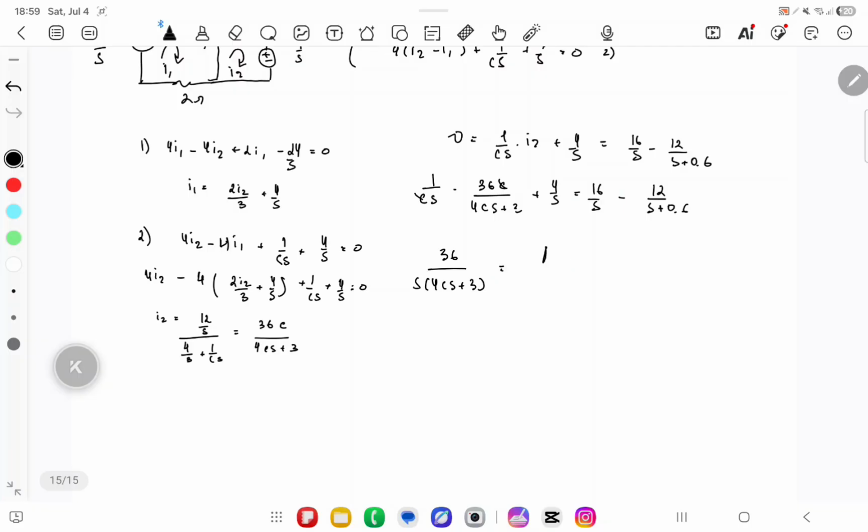So this can be simplified as A over S plus B over 4CS plus 3. Okay, and if you actually solve that, you will get that A is equal to 16 and our B is equal to minus 48C.